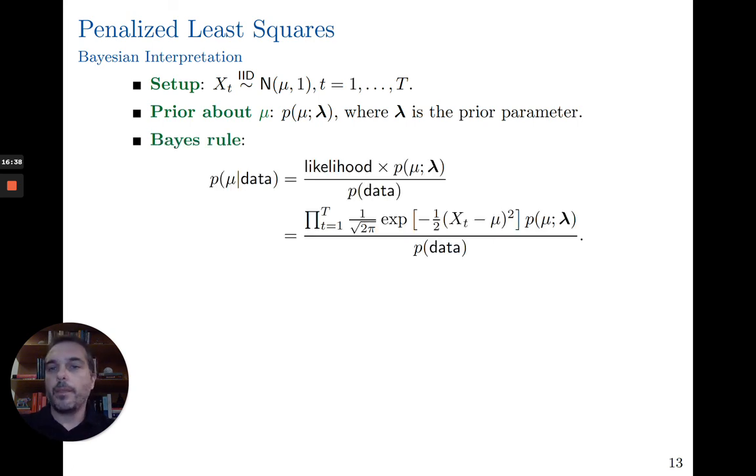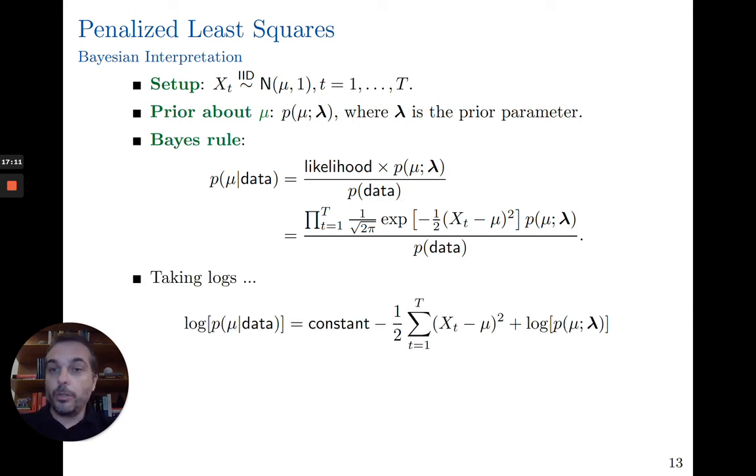Okay? The Bayes rule says that the posterior of mu, so the probability of mu given the data, equals the likelihood times the prior divided by the probability of the data. Right, but our likelihood is Gaussian because that's what I assumed in our first bullet point. So this ratio is given by that expression that you see on your screens.